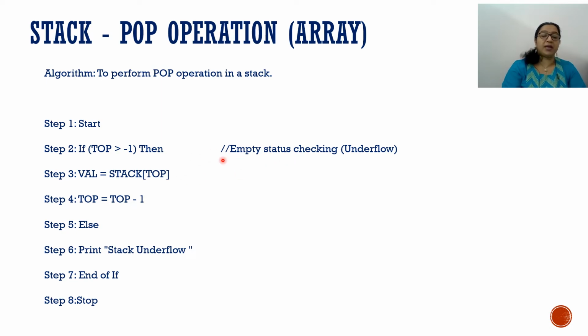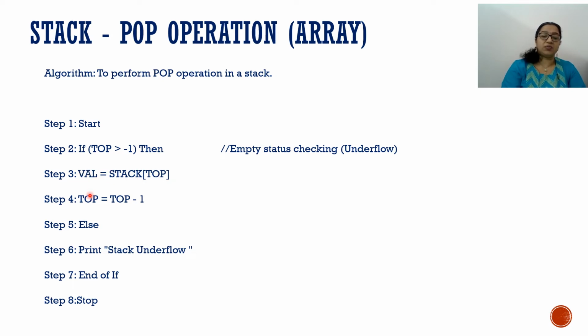So we can pop the element at the topmost position. It's not underflow. So if it is greater than -1, then val is equal to stack of top. This step is just for storing the value of the element we are going to pop. So in val we will get that element, the topmost element we are retrieving.